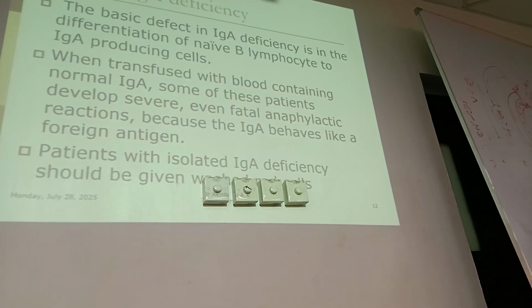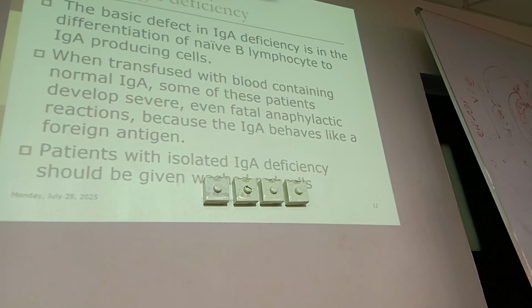So the basic difference in IgA deficiency is in the differentiation of the naive B cell to IgA producing cells. The B cells cannot differentiate into IgA cells, but can differentiate into IgG, IgD, IgM, IgE.